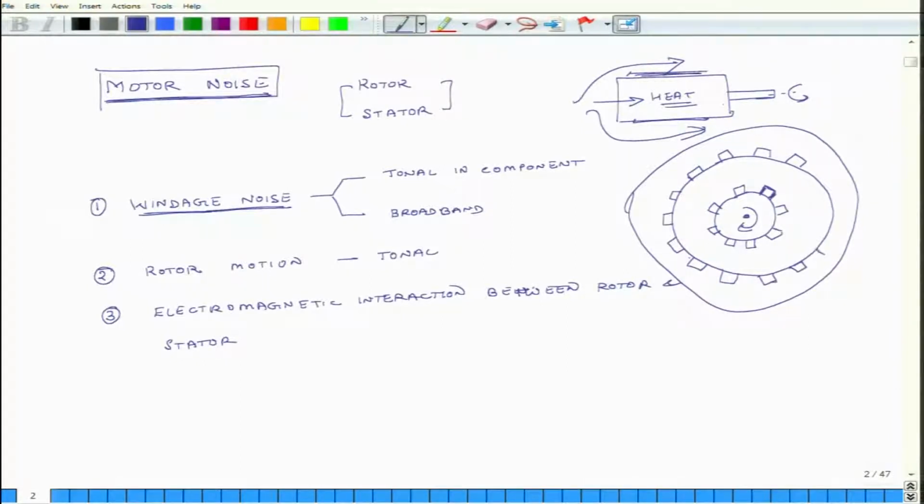Typically, it is very small to improve the efficiency of the machine. So, this gap is negligible, but the stator looks something like this.